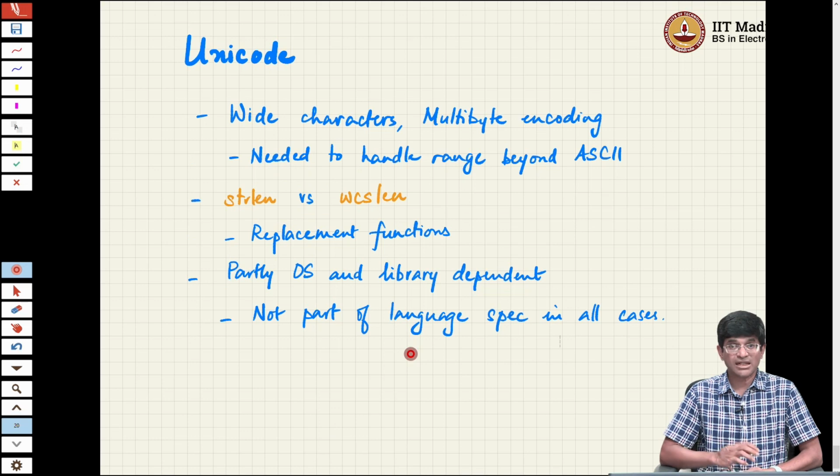It is a multi-byte encoding for the simple reason that 8 bits, 1 byte, has a very limited range of characters that can be represented. It will definitely not be enough even for the Indian alphabets, at least not all Indian alphabets.